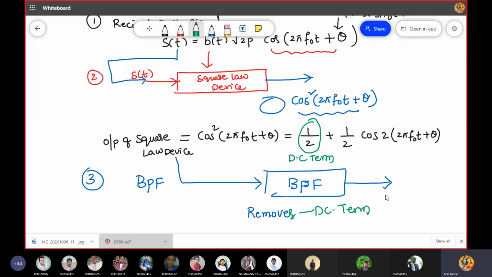So what is the output? Anybody? What will be the output at the output of the band pass filter?